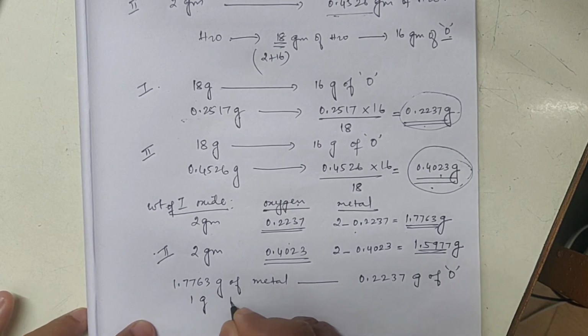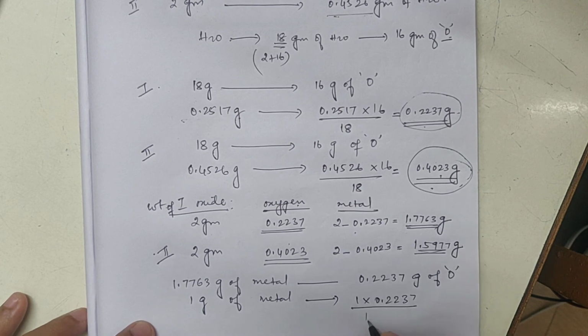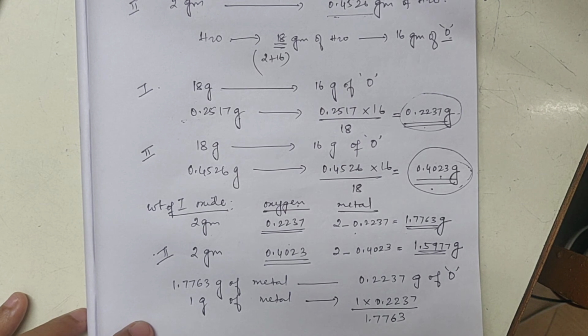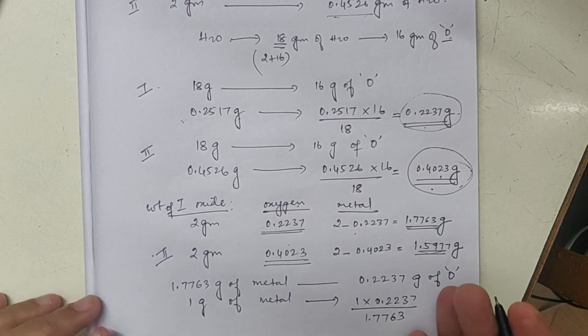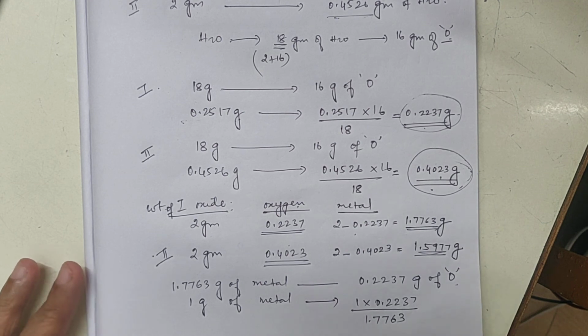Therefore, 1 gram of metal will react with how much? That is 1 into 0.2237 by 1.7763. Or if you want to take in terms of oxygen, then it will be just the reverse. Any way you can do.